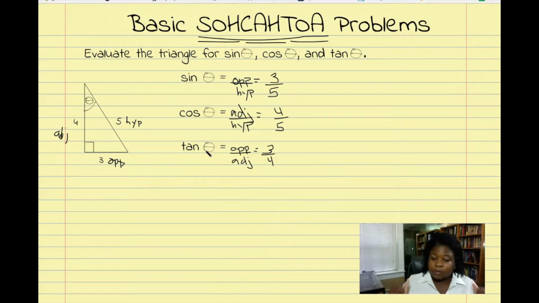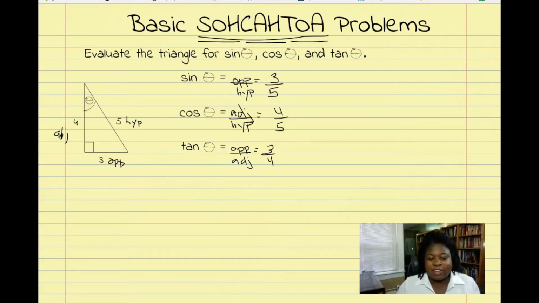In the previous example, the tangent of theta was this flipped over because theta just changed places. So opposite and adjacent changed places. So it was 4/3. Tangent can be any number. Cosine and sine are fractions less than 1. And if you think about our previous example, sine and cosine have switched places because theta switched places.